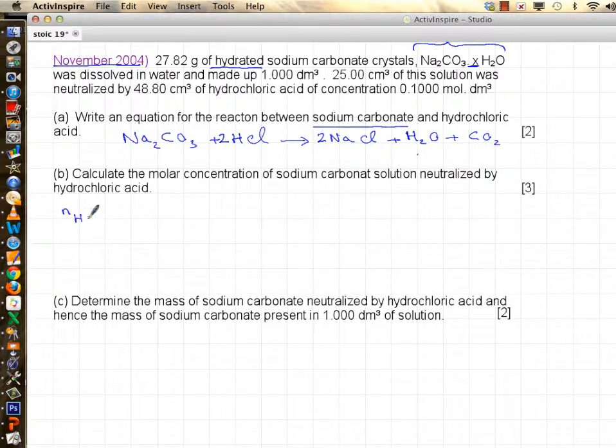Moles of HCl is nothing but concentration times volume. Concentration is 0.100 mole per dm cube. Volume that you used was 48.8 centimeter cube converted to decimeter cube.